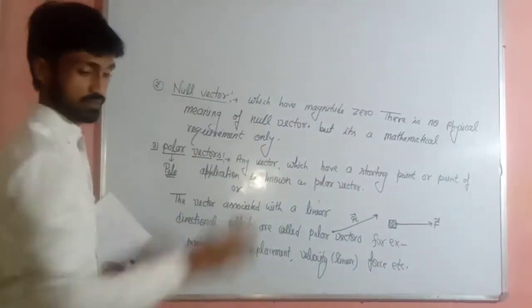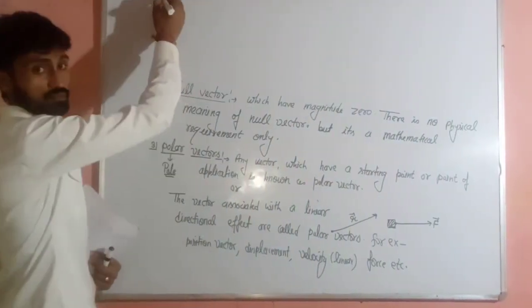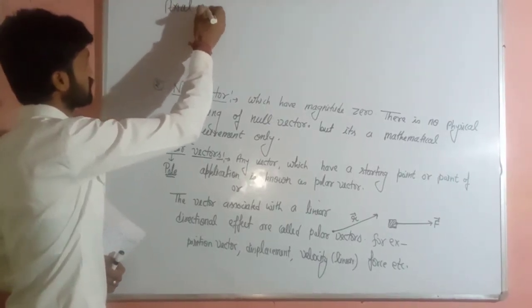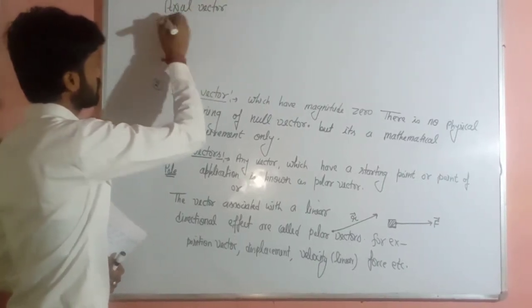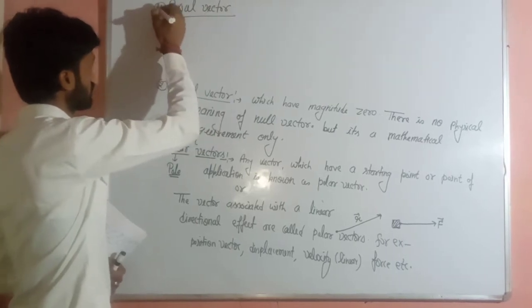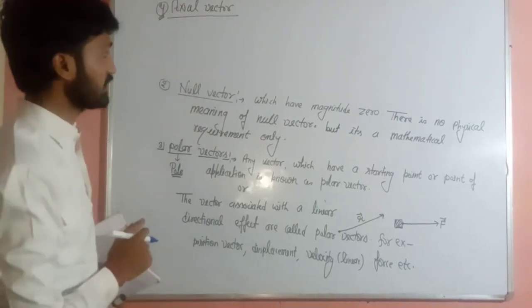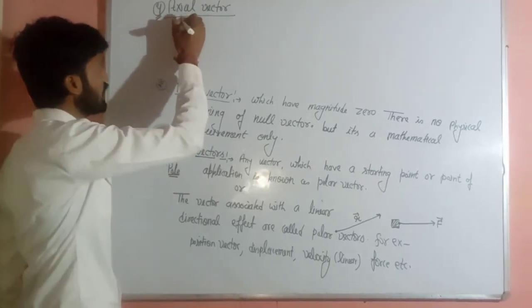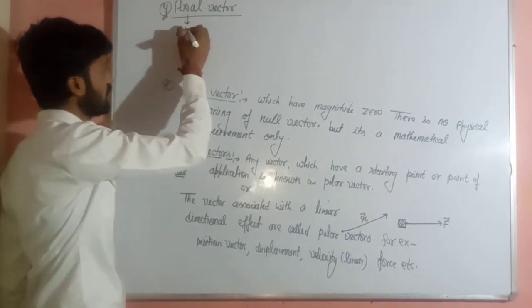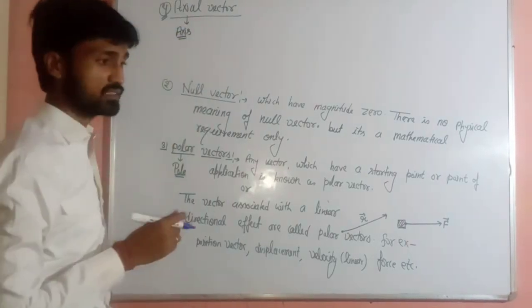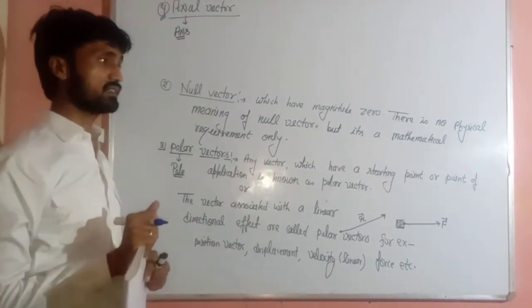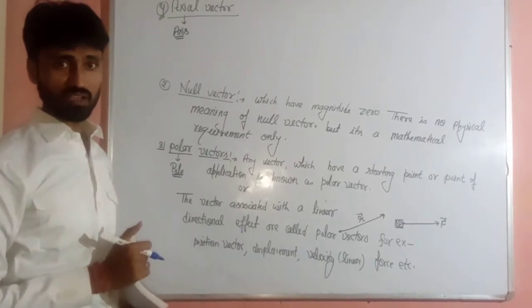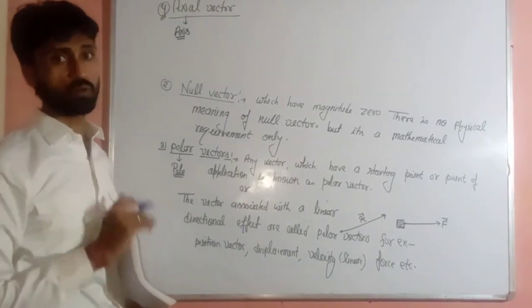Okay, and another type of vector is the axial vector. Axial vector means it has an axis, that means its direction is denoted by an axis, not a starting or final point.